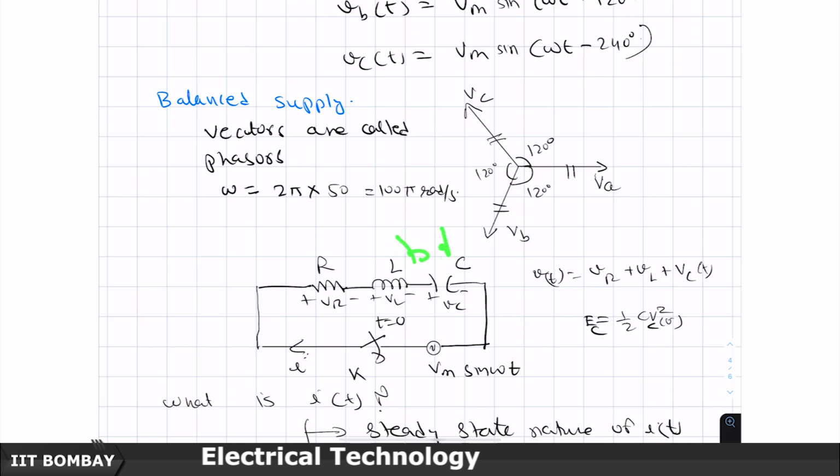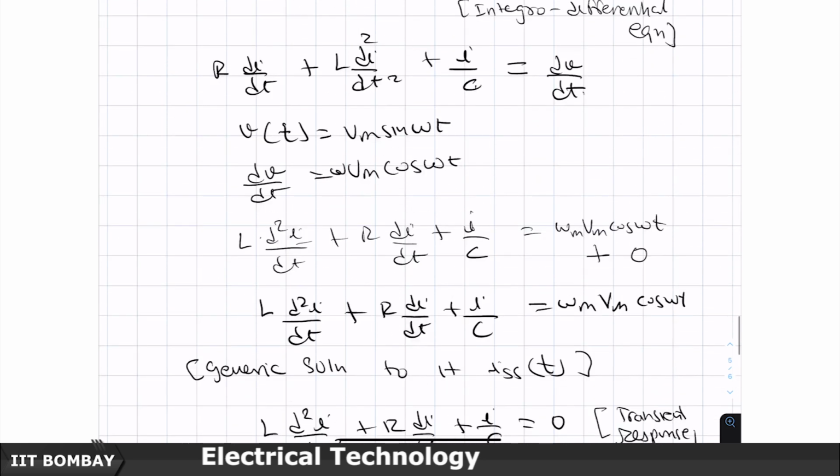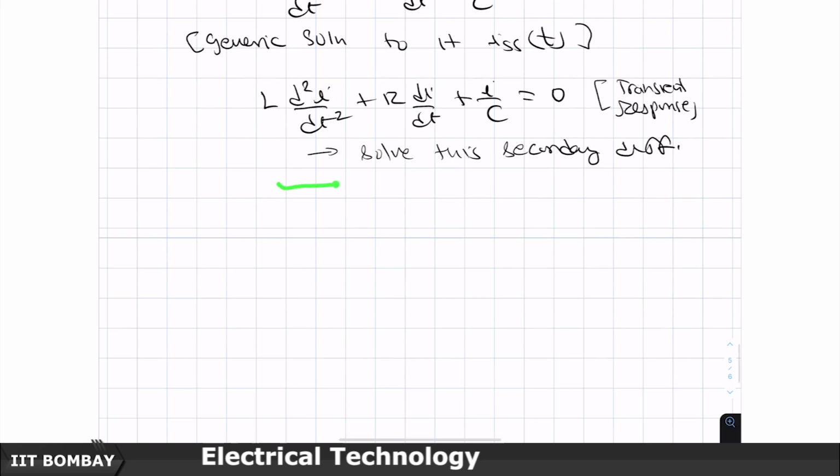Once we know their initial conditions, we can find out the transient or the natural response of this circuit, but it will decay with time. So, right now today I am not going to worry about the natural response.